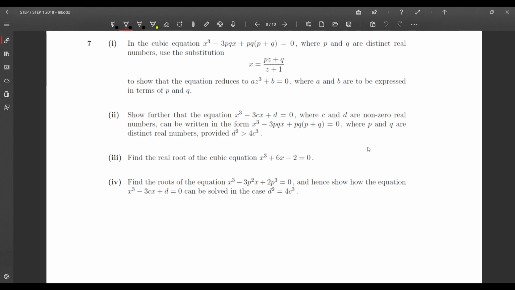In the cubic equation, okay, so this is just straight plug and chug. Interesting. It might be in the best interest that I don't show this, because this looks very straightforward.